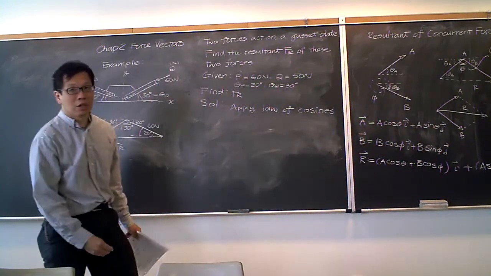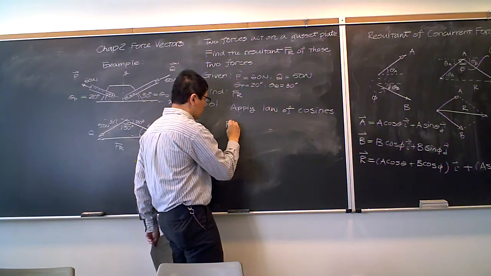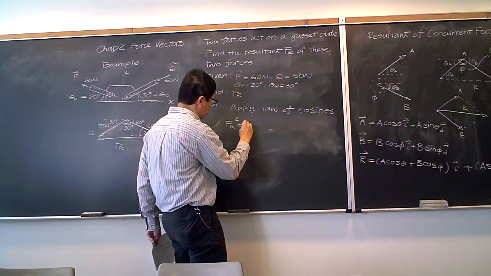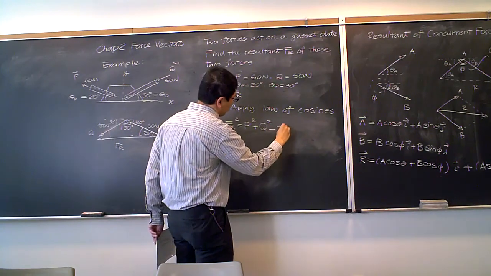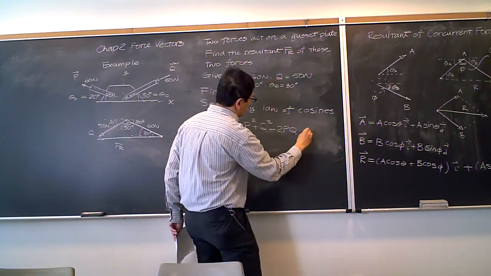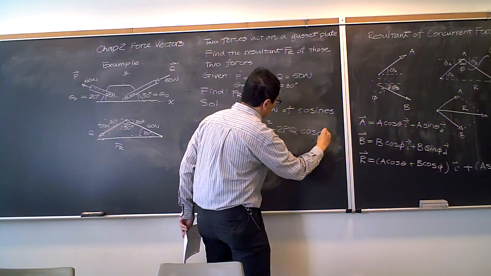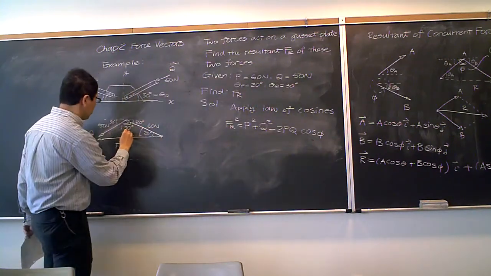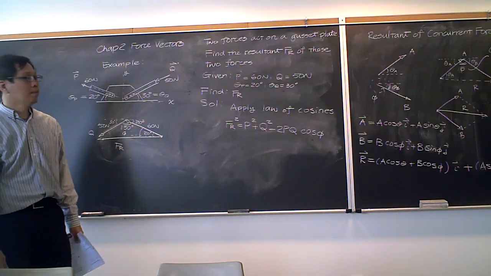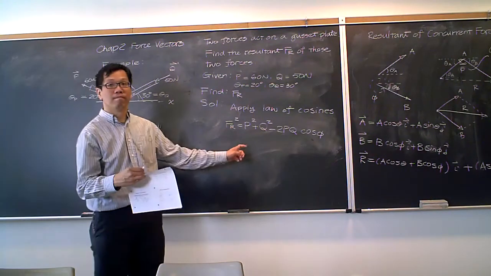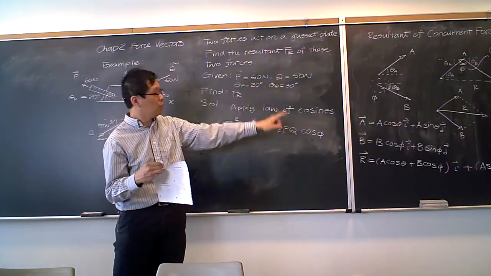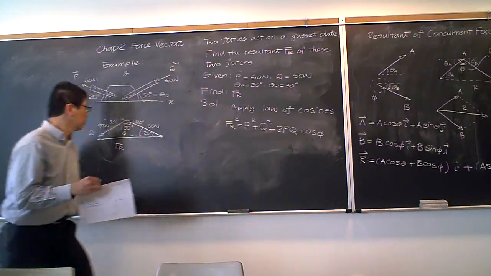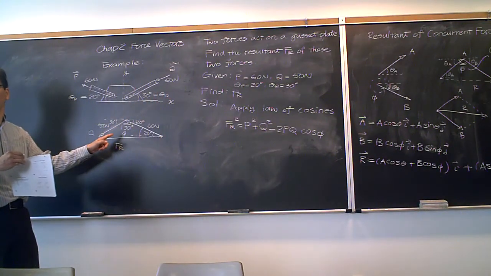So over here, I will need to use FR squared equals P squared plus Q squared minus 2PQ cosine phi. Let's name this one phi. Do I know P? I do. Do I know Q? I do. Do I know phi? Yes, I figured it out.